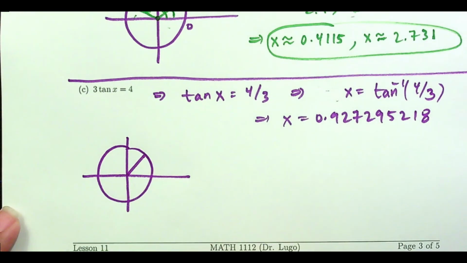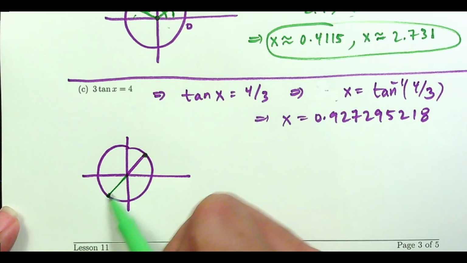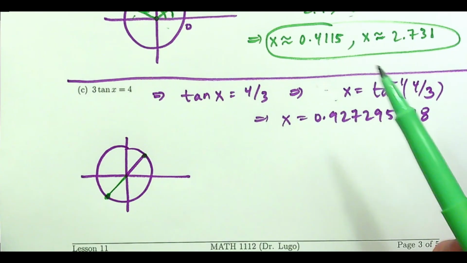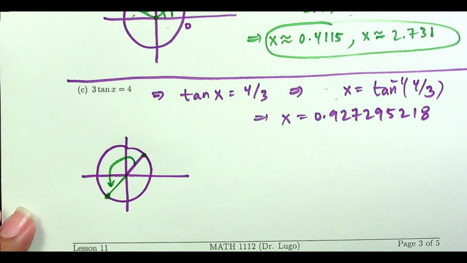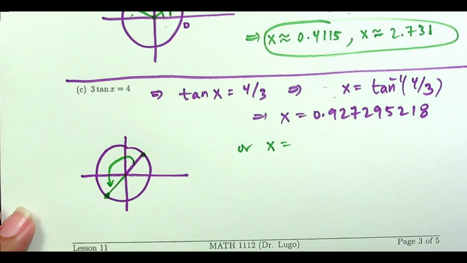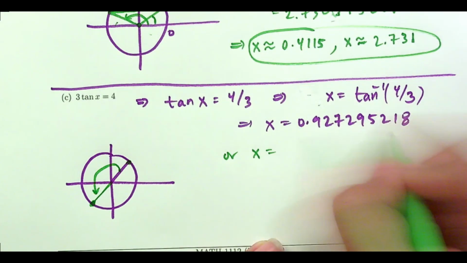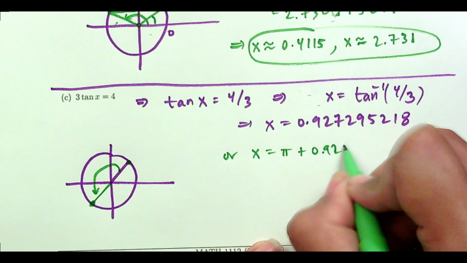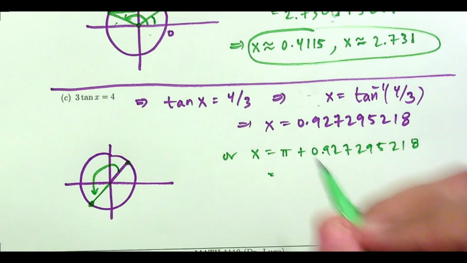So the other angle that is the same as that one is just going to be on the opposite side. So basically, when you're dealing with tangent, the answer is always going to be add 180 to land on the opposite side. So that's the other angle that has the same tangent. In other words, take that and add pi to it. With tangent, that's how it always works.